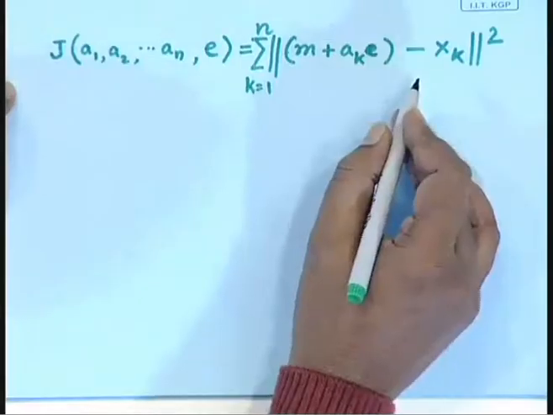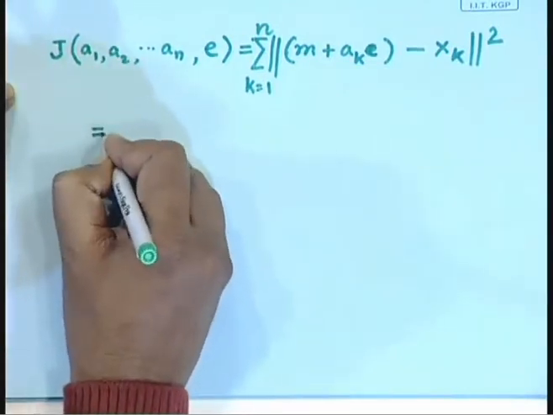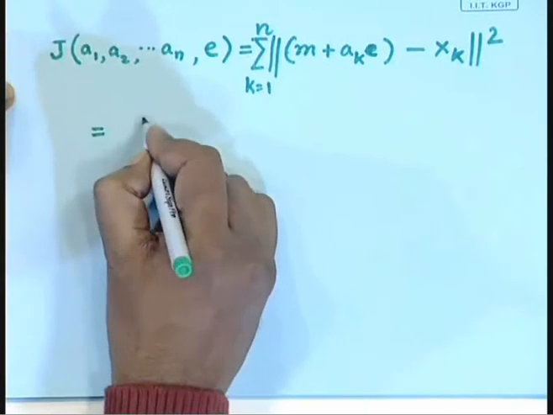So, given a line, how are the feature vectors to be mapped onto different points on the line, so that your sum of squared error is minimized.